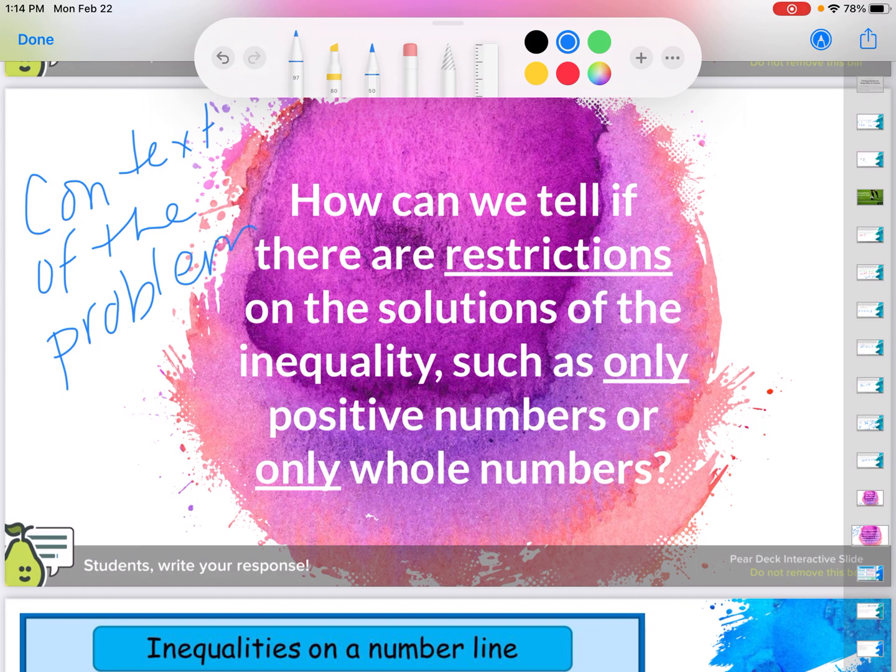Meaning that with the socks, you could pay in change, whereas with the magazine subscriptions, you can't sell part of a subscription. So you have to really think about, okay, what's happening? What does X really mean in this context?